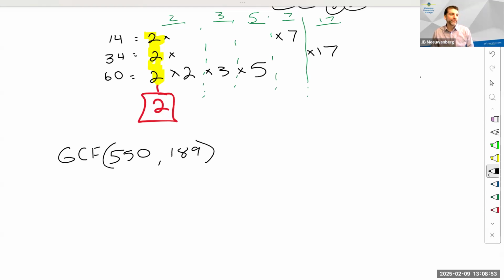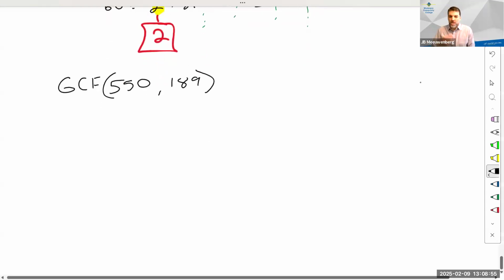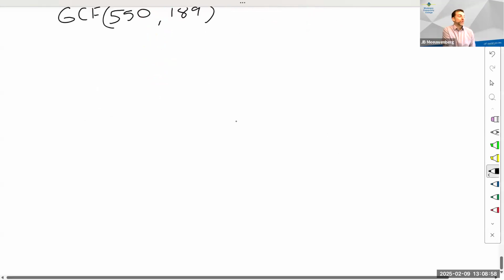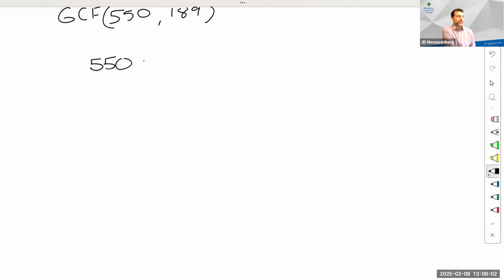So I won't show the factor trees just because I think we've done enough of those. But what I will show is once you get your factor trees done, the number 550 has a prime factorization of 2 times 5 times 5 times 11.